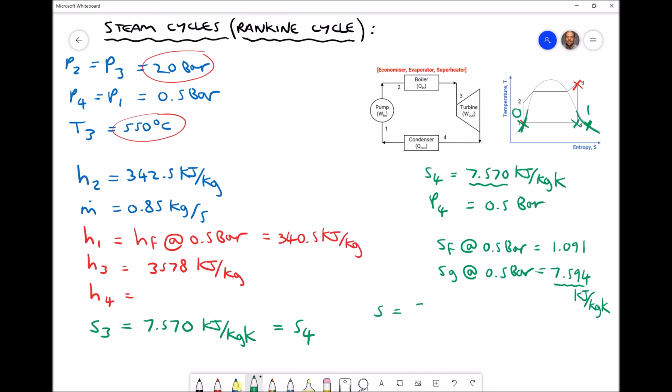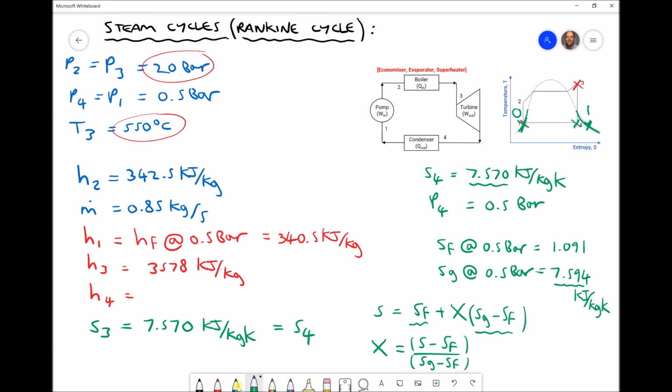S equals SF plus X times (SG minus SF). We saw that equation in the previous video. Rearranging that to make X the subject, we subtract SF from each side and then divide each side by SG minus SF. That gives us X equals (S minus SF) divided by (SG minus SF).